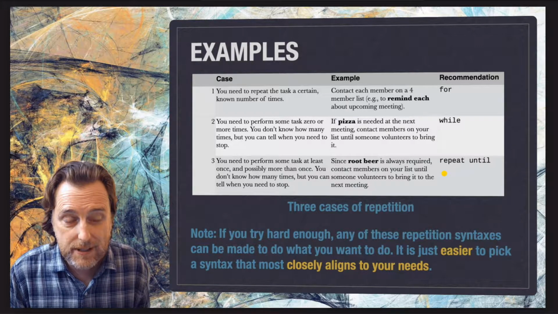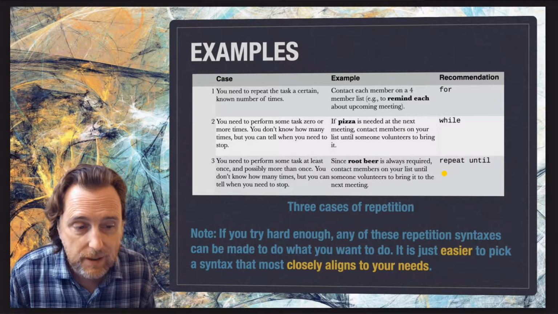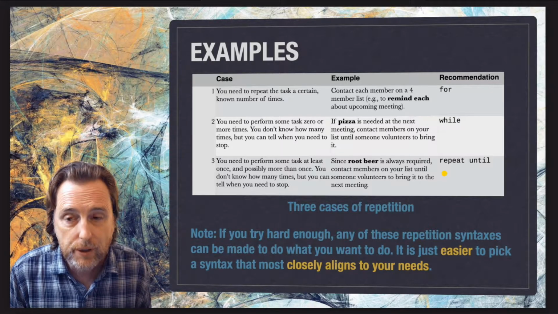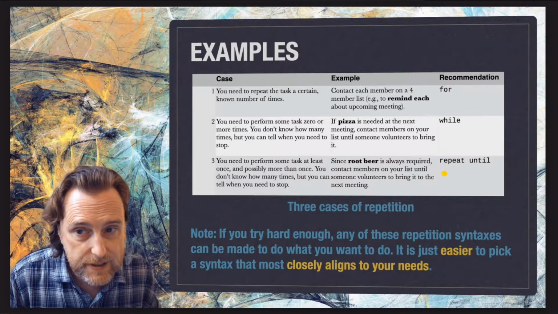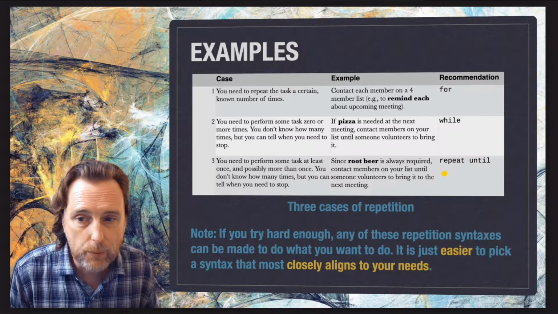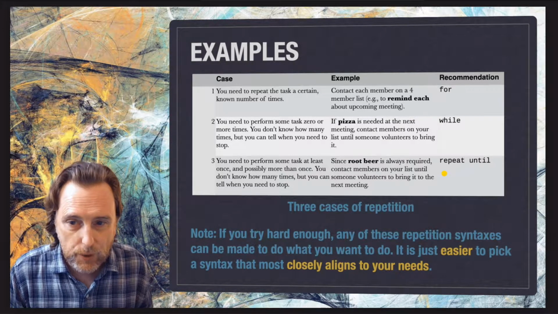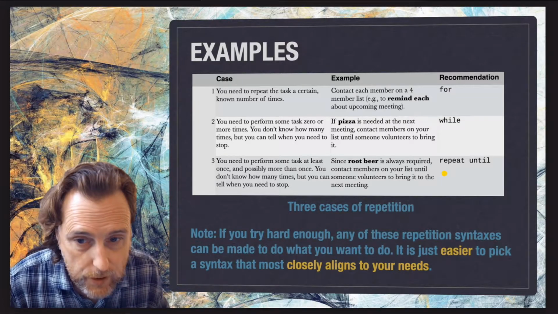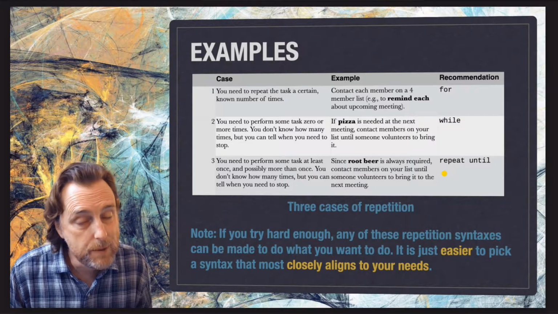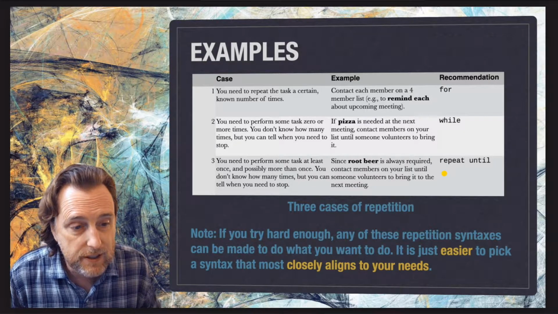If I know how many times I need to loop, then the for loop is probably the best fit. If I don't know in advance how many times I need to loop, then the for loop is a less good fit. And maybe a while loop or a repeat until loop are the better choice. And obviously the choice between those 2 is, do I know I need to do something once and maybe more times? If so, that's case 3.